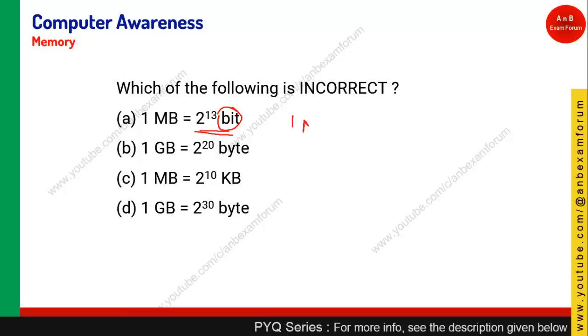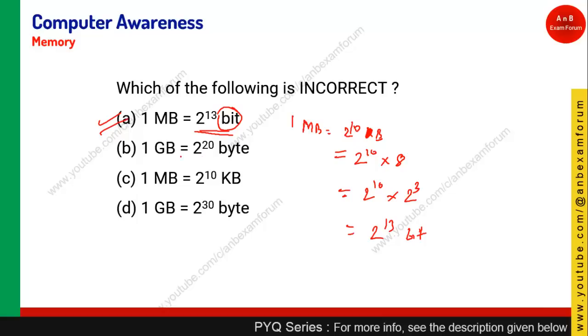As we know, 1 MB is equal to 2 power 10 KB, and as you know, a byte consists of 8 bits. Okay, and 8 bits is 2 power 3, so it will become 2 power 13 bits. So A is correct.